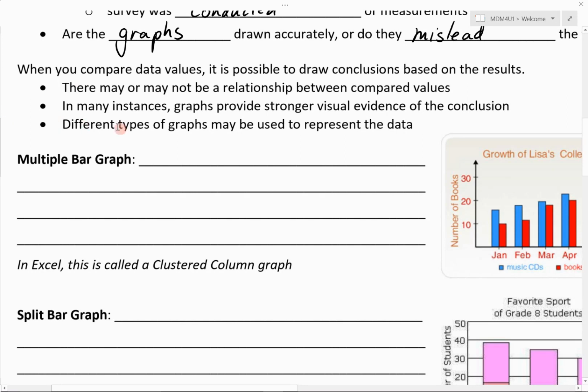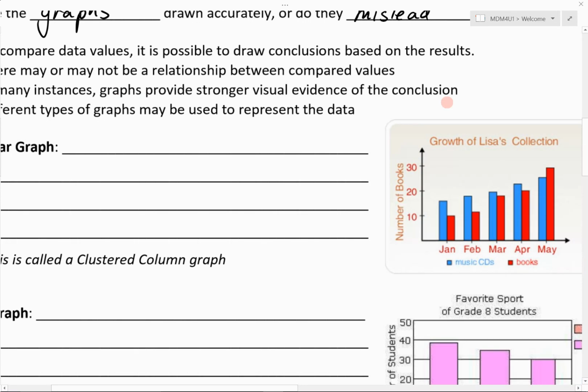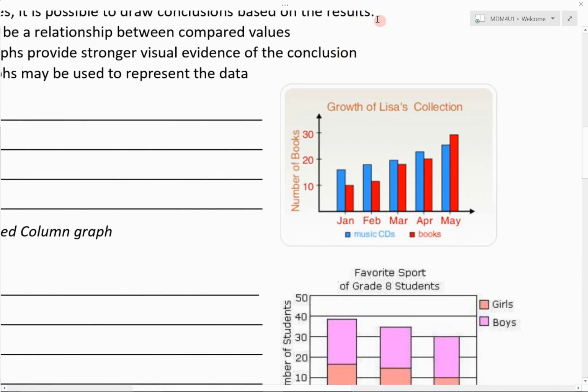A multiple bar graph is one type of graph that can be used to represent the data. An example is on the side here. You have different frequencies for different groups represented by different colors. Blue represents the group of people who like music CDs, and red are the people who like books.